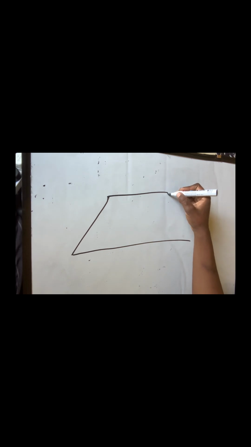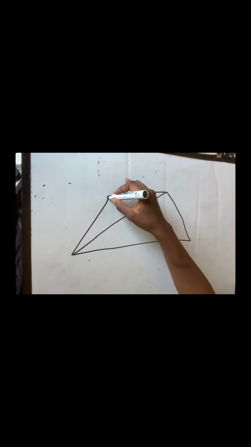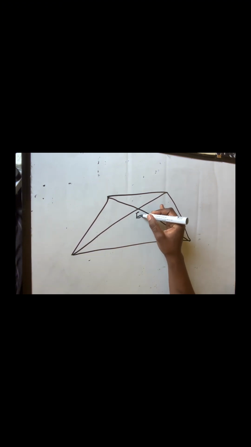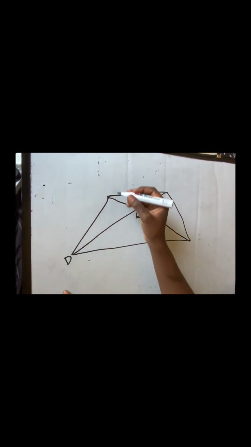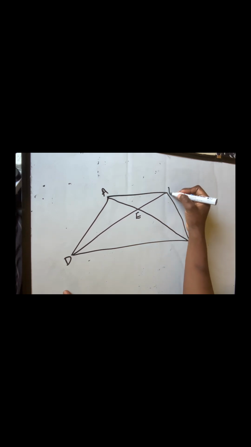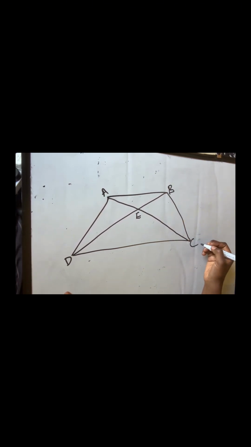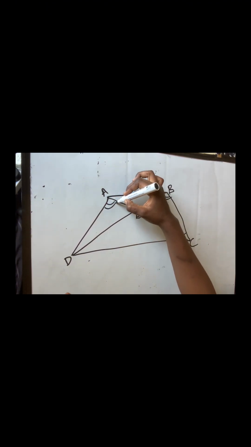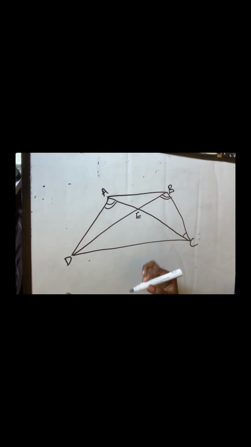So we are looking at a trapezium, then this side here and this side, and this is side A. So D, A, B, C. Then we have these angles here, this one, this one, this one.